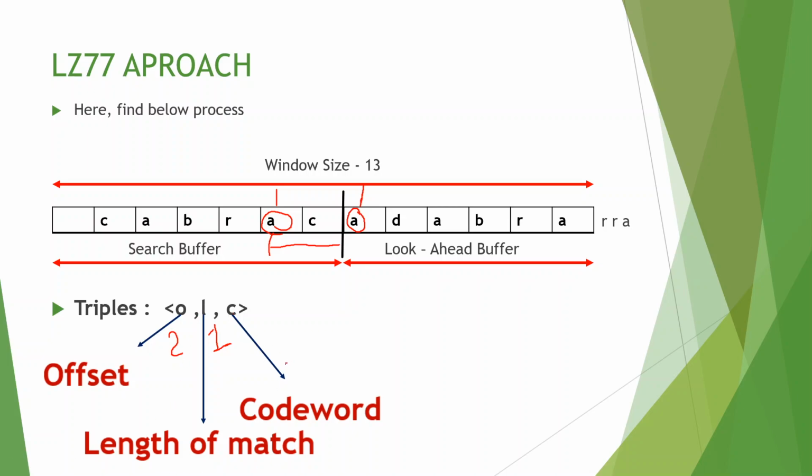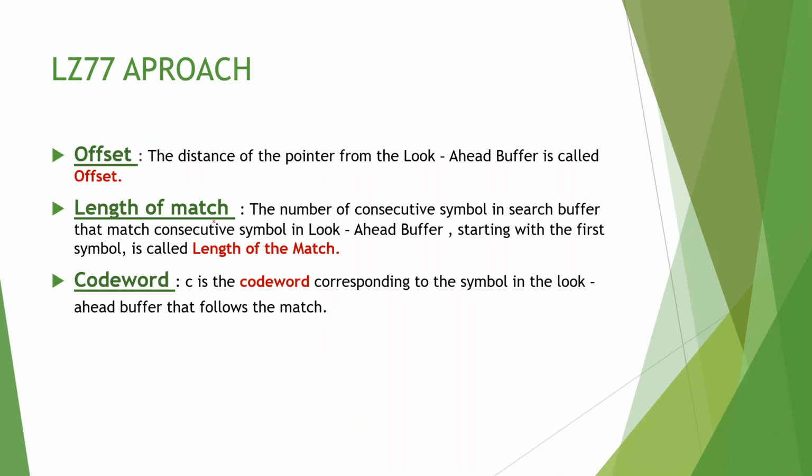Now code word. So what is the code word? C is the code word corresponding to the symbol in the look ahead buffer that follows the match. I repeat that definition. C is a code word corresponding to the symbol in the look ahead buffer that follows the match.